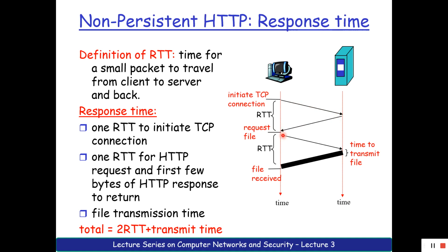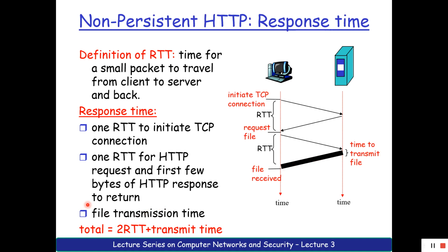Okay, after this, you ask for that particular object. So one request, and then the server is responding with that object. This particular thing is a big file, correct? It is not a small request or response, it is a big file, so it has got some transmission time also.